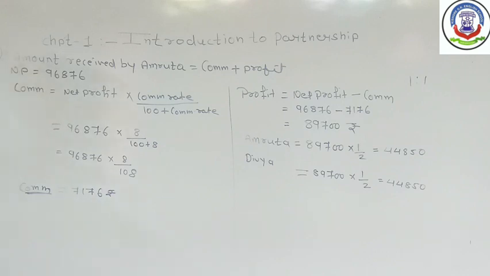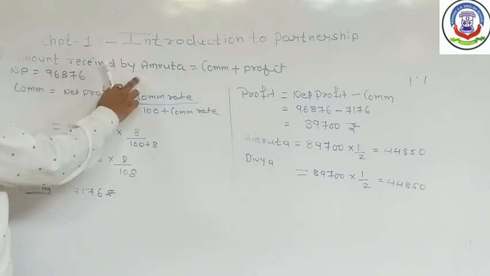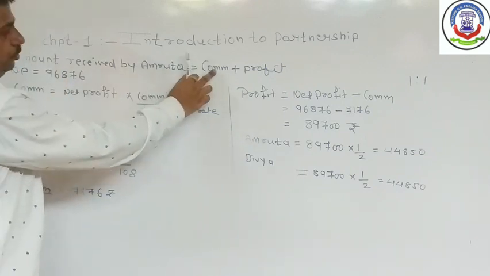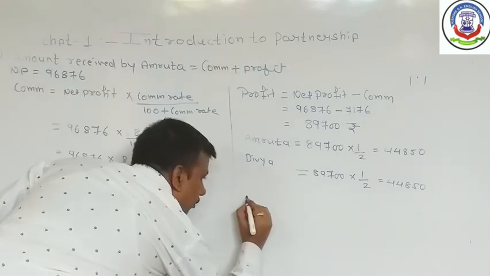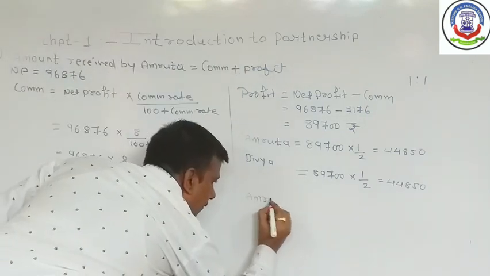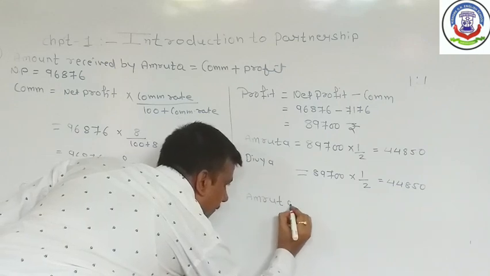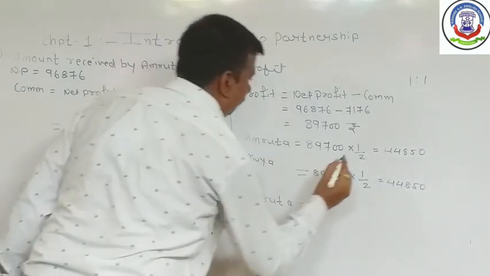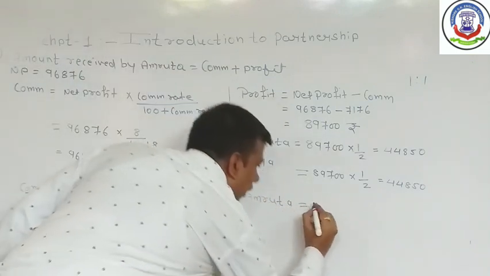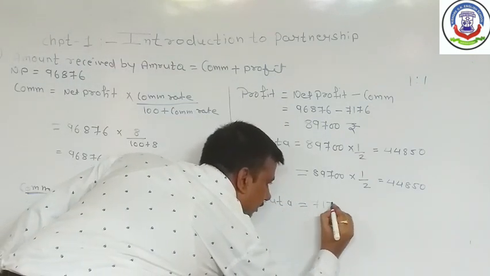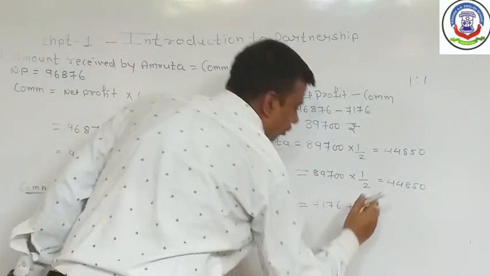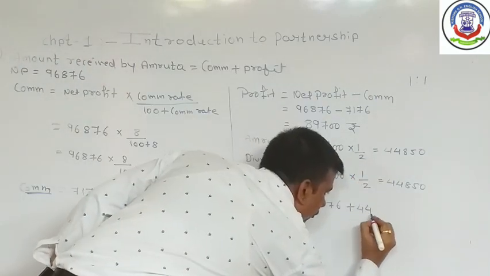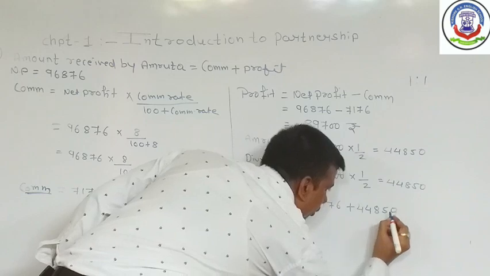Now the amount received by Amruta equals commission plus profit. Commission is rupees 7,176 plus profit of rupees 44,850.